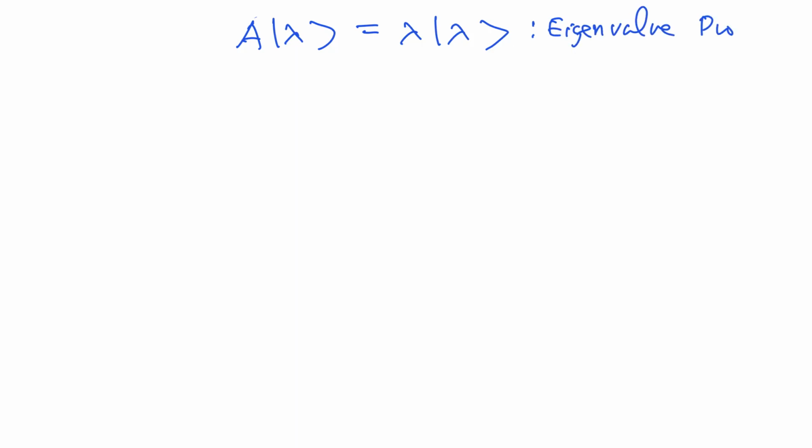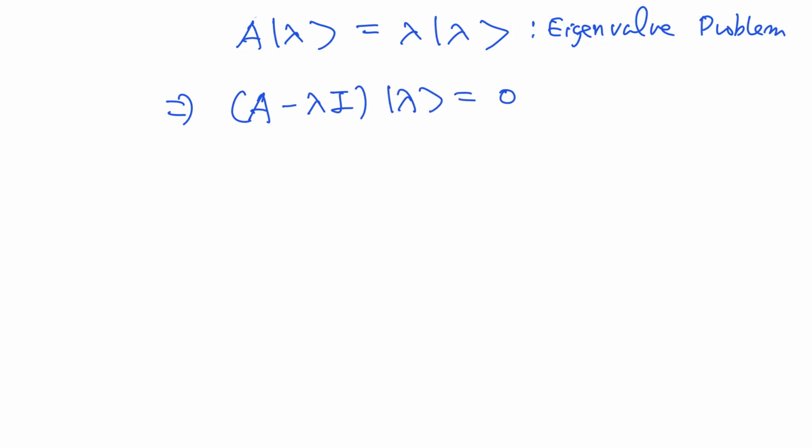So, let me repeat myself. A|λ⟩ = λ|λ⟩. This is the eigenvalue problem. From this we have the equation (A − λI)|λ⟩ = 0, right?